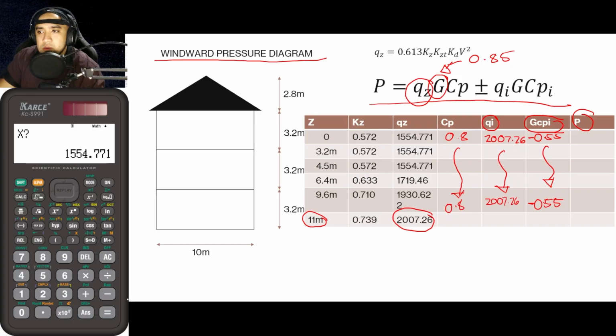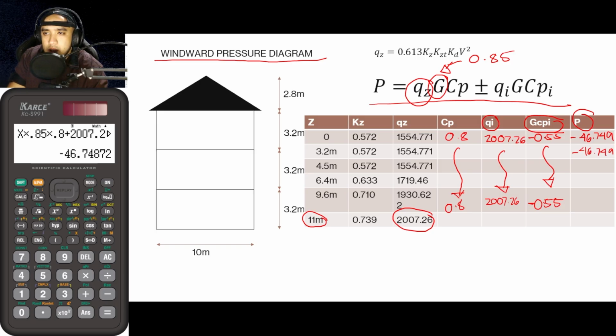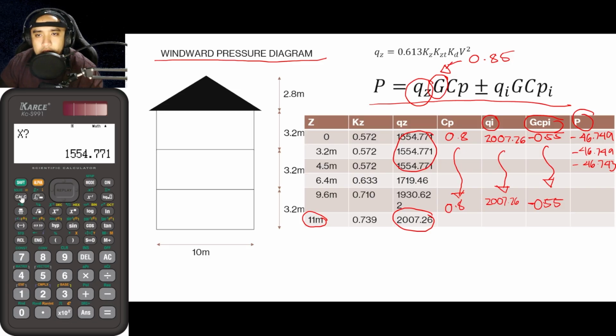Getting the answer here, we arrive at negative 46.749, as well as for this one here, since those three have the same values for QZ. Next up, calc, then for the next one, that is 1719.46. Take note, guys, that we are just changing the values for QZ. Enter, so this is now 65.2398.